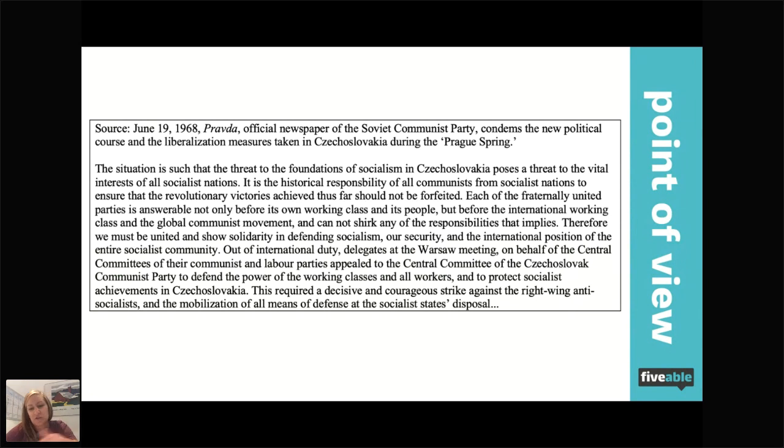So now let's just read this for the sake of it. Here's what this article says. The situation is such that the threat to the foundations of socialism in Czechoslovakia poses a threat to the vital interests of all socialist nations. It is the historical responsibility of all communists from socialist nations to ensure that the revolutionary victories achieved thus far should not be forfeited.